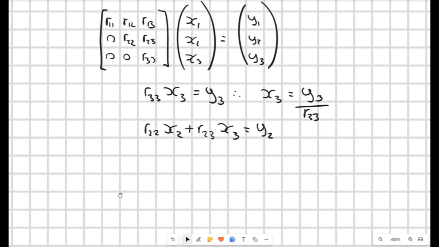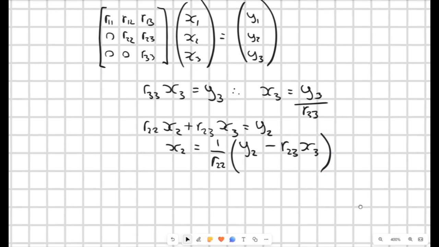So if we rearrange this and solve for x2, you can see that x2 is going to be equal to y2 minus r23 x3, and then all divided by r22. Because we found x3 in the previous iteration, we know everything here, and so we can solve for x2. So now we've solved for x3 and x2.